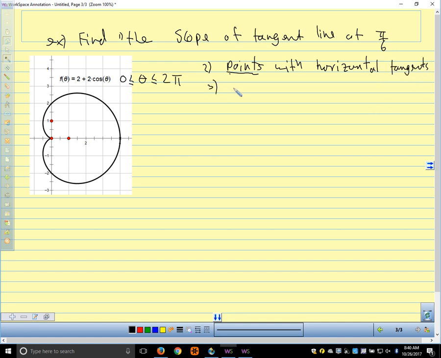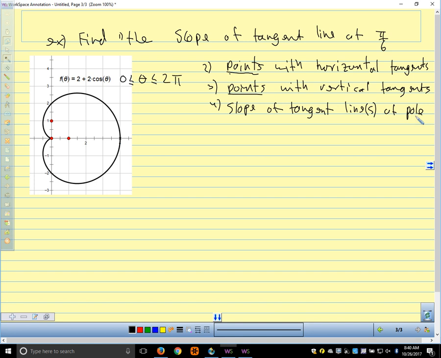We want the points with vertical tangents. And finally, we want the slope of the tangent line at the pole.